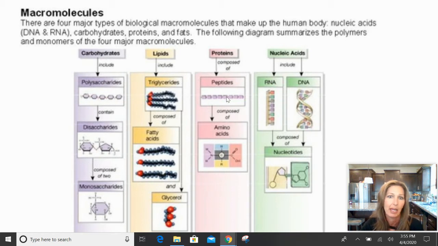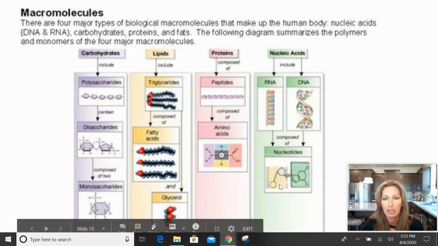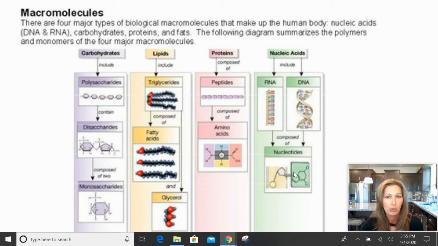If I'm talking about peptide bonds, I know that those are my bonds between amino acids. For nucleic acids, the basic monomer is a nucleotide. We'll talk more about those, but you should know your four major types of macromolecules as far as recognizing their structure, understanding their general function, and understanding how changes in that structure can then change the function too.